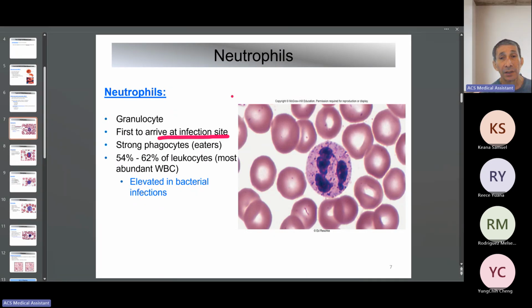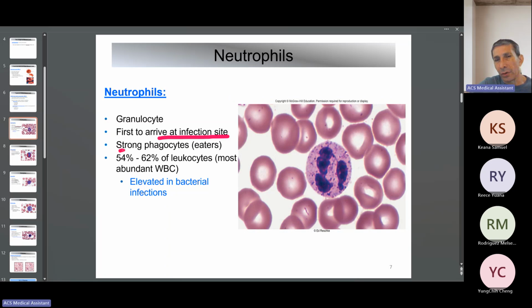It's the same. These cells attack the microorganisms that invade, that trespass our body, to protect it. Then they kill it, and then they eat it.